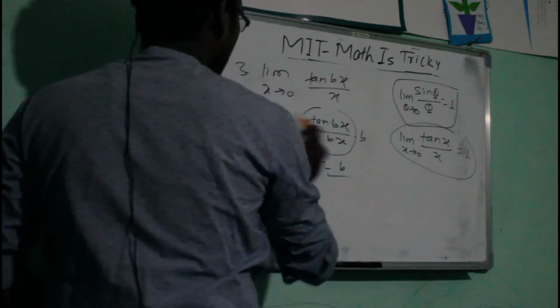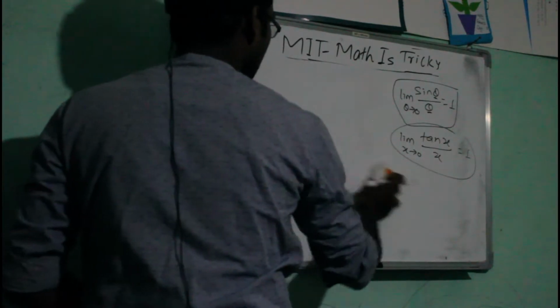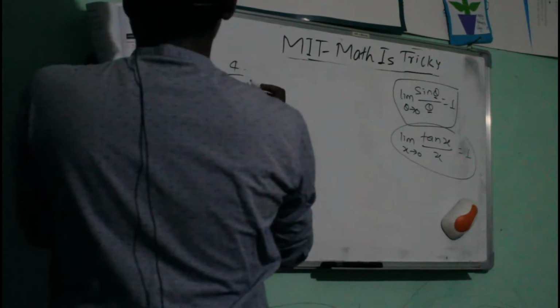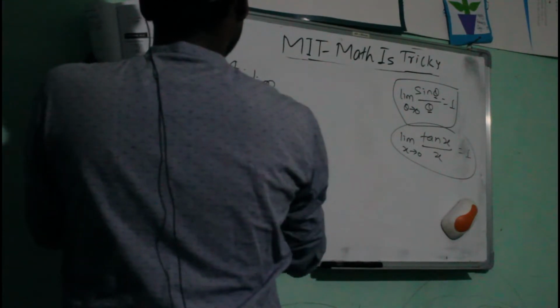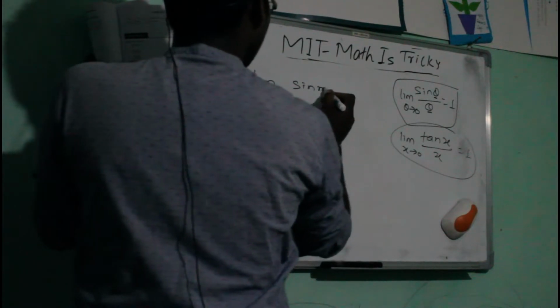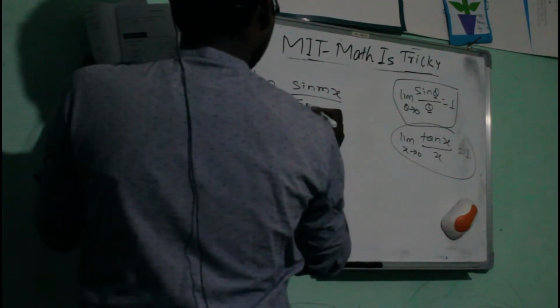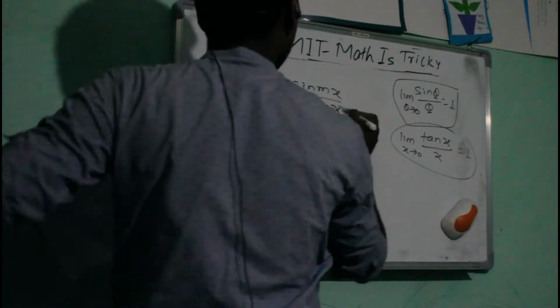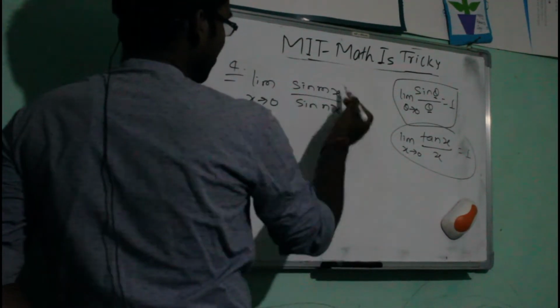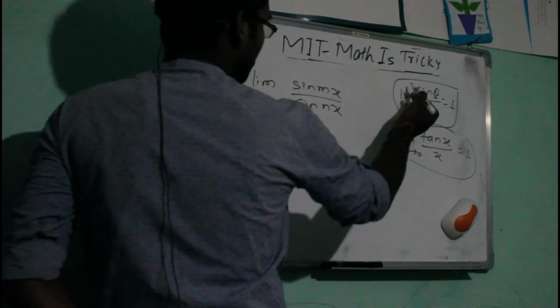Another question I'm taking for you. Let's see the fourth one, question number 4: limit x tends to 0 of sine mx by sine nx. For this, as I told you, if there is sine, we must use this formula.